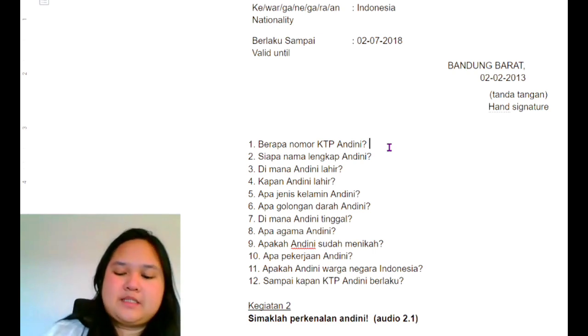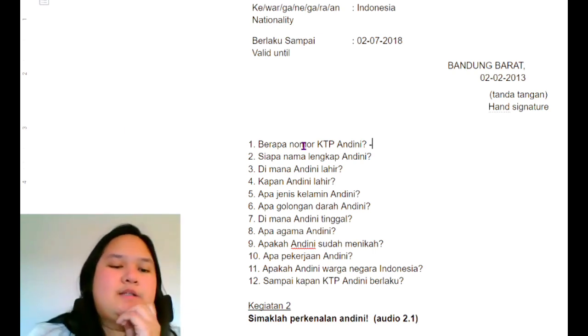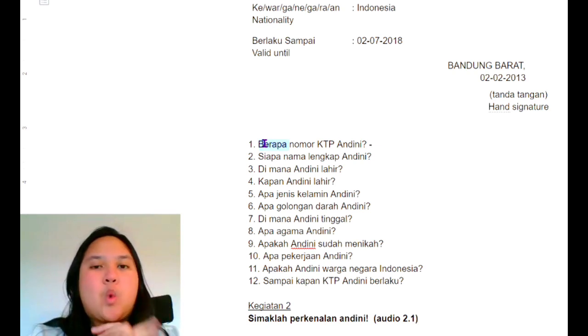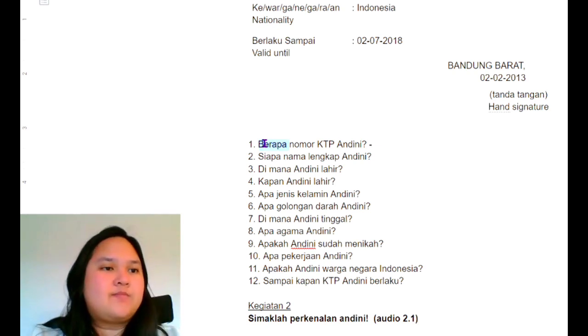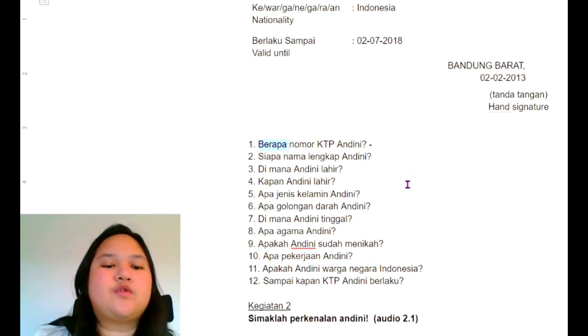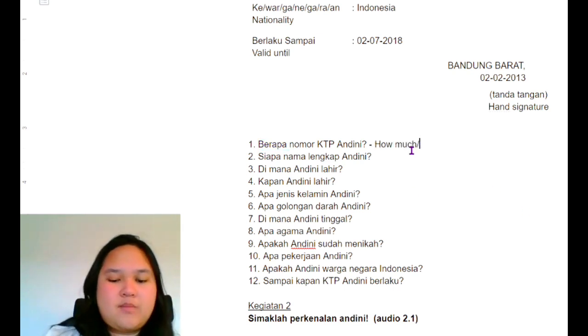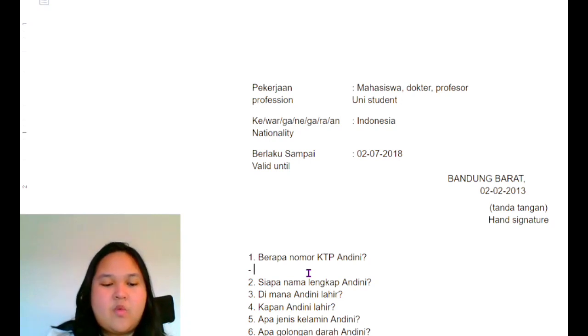Berapa, when you ask berapa, it's always about quantity, about numbers, right? So usually it means how much, how many, or what is Andini's ID number?